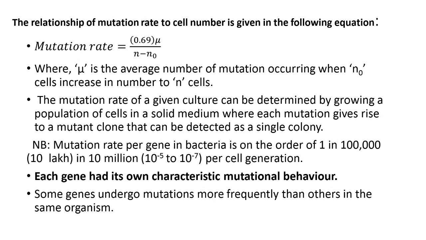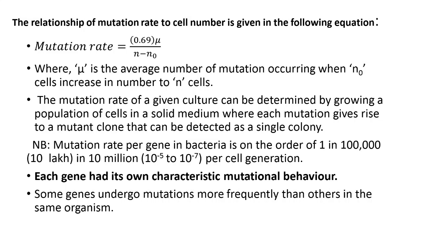The relationship of mutation rate to cell number is given in the following equation. Mutation rate is equal to 0.69 mu by n minus n0, where mu is the average number of mutations occurring when n0 cells increase in number to n cells. The mutation rate of a given culture can be determined by growing a population of cells in a solid medium where each mutation gives rise to a mutant clone that can be detected as a single colony.